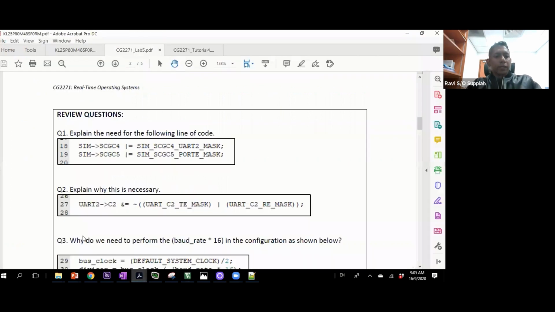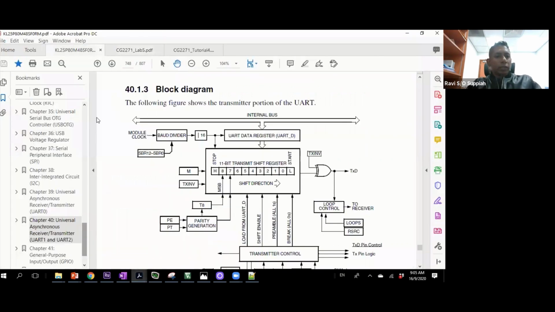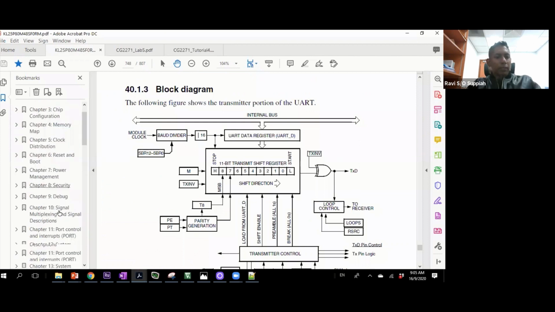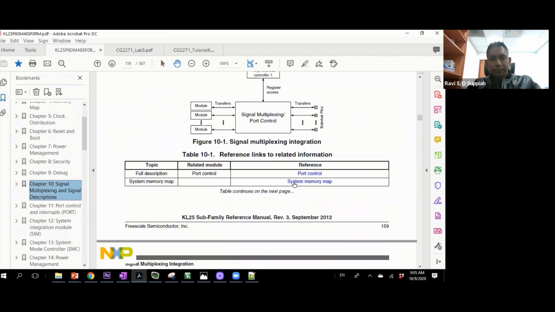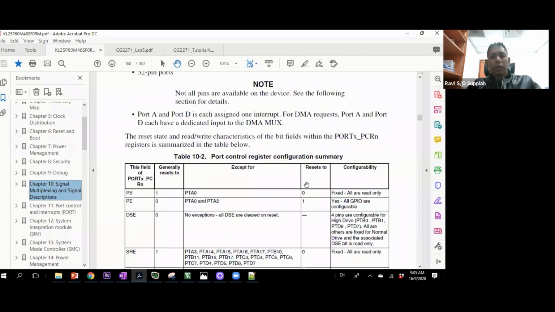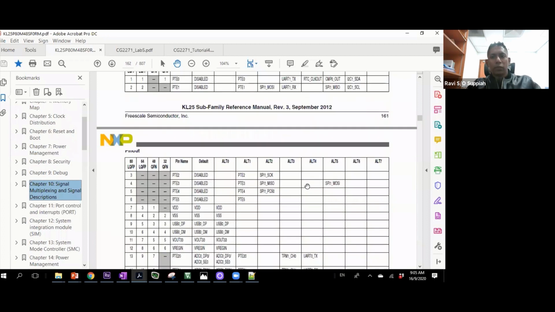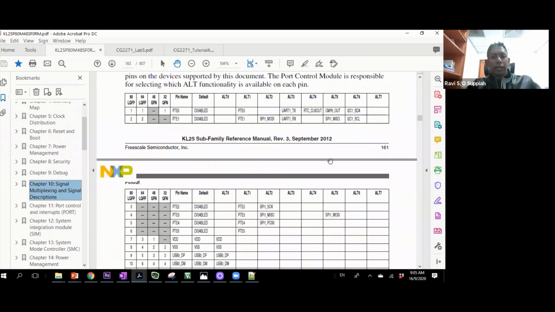Okay. So the port muxing, signal multiplexing, is in chapter 10. All right, so if you go down to look at the port UART2, okay, you will see that in many cases the same peripheral block may be mapped as alternate functions for different pins.